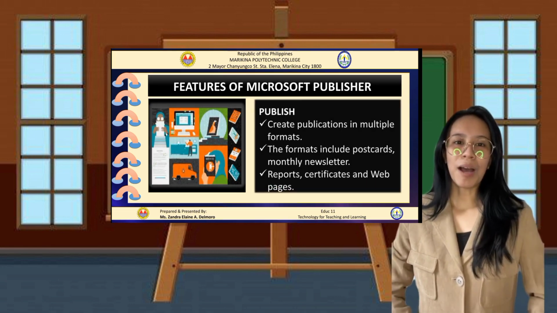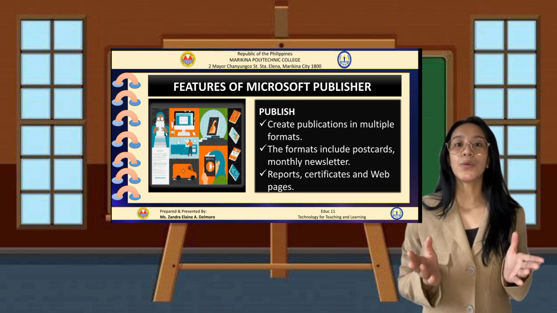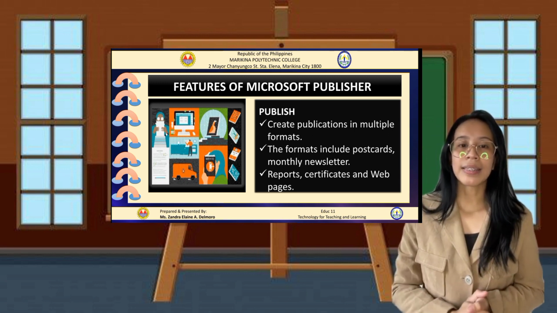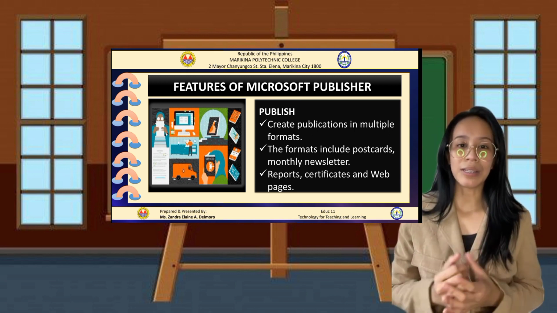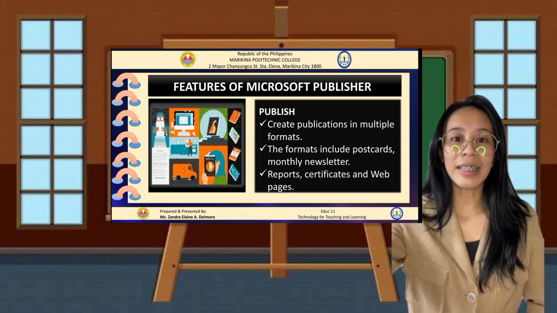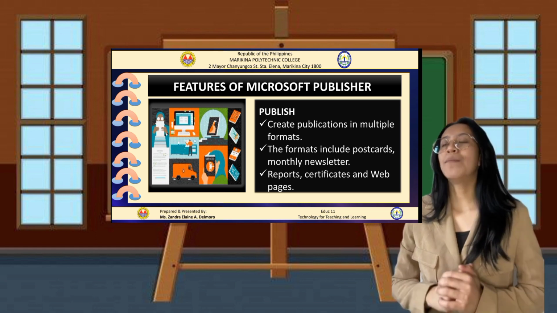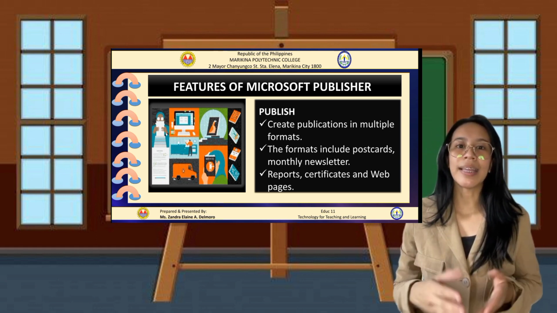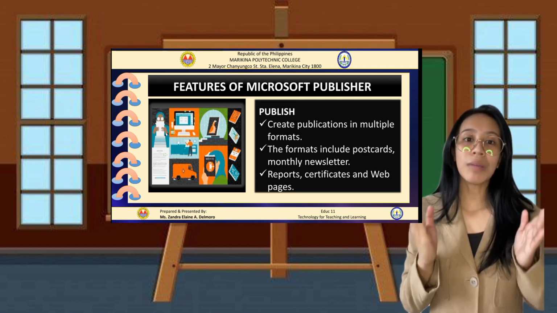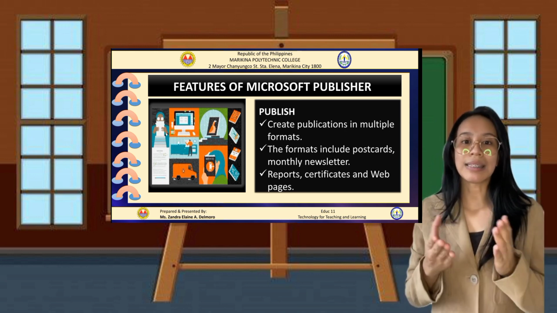So last is publish. So publications can be saved as commonly used offline files such as PDF, XPS, JPEG, and PNG. So, publications can also be directly sent online. For example, Publisher can work directly in tandem with email management software to send out millions of companies' reports and newsletters seamlessly.